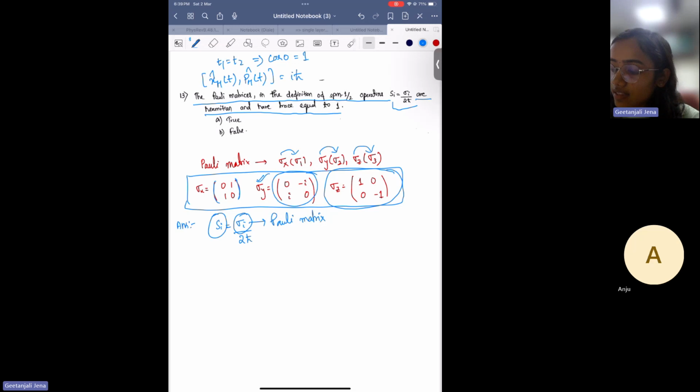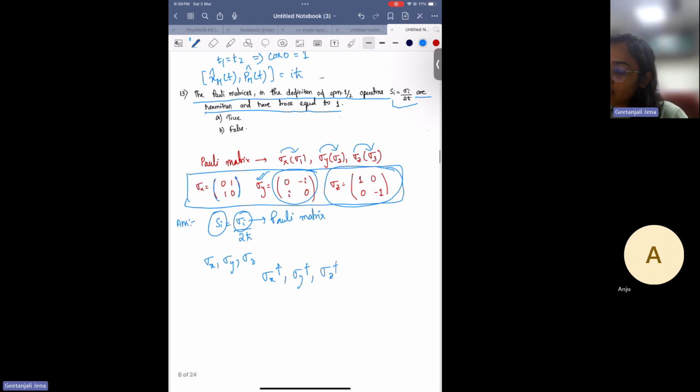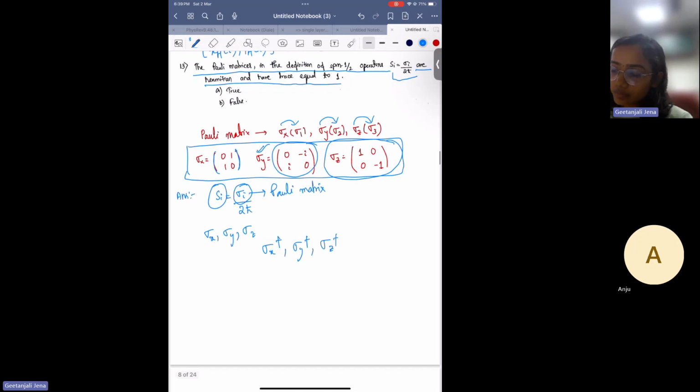Now, if you take the dagger of this sigma x, sigma y, or sigma z, you will see that these are Hermitian. You can find the dagger of a matrix: this is nothing but the transpose of the matrix with complex conjugate.